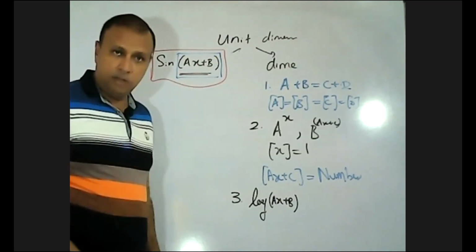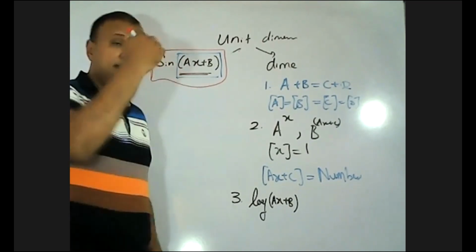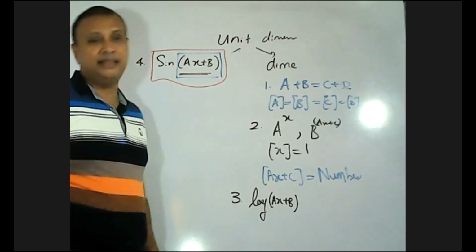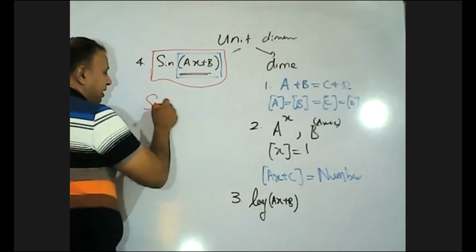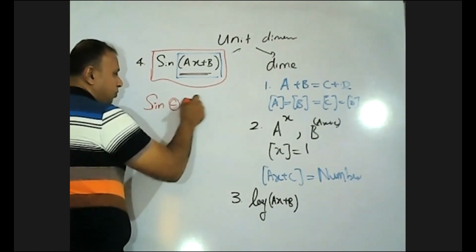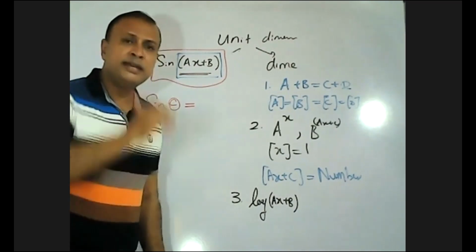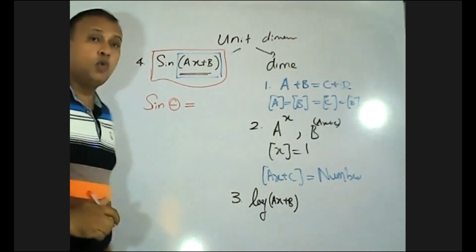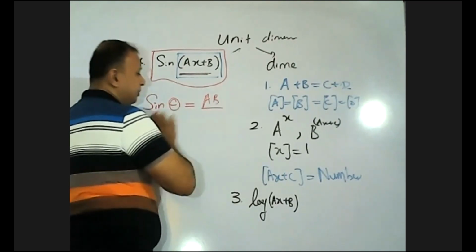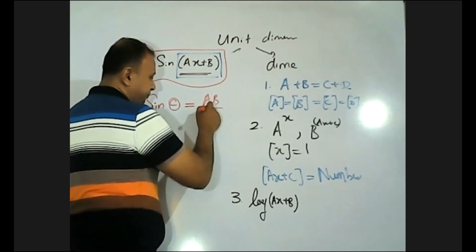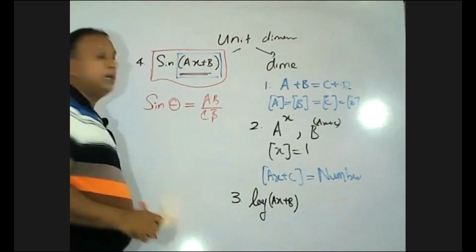So if we take a trigonometric ratio, Puta, every trigonometric ratio is a ratio between two lengths. So every trigonometric ratio is equal to the ratio between two lengths, like opposite over hypotenuse or something.